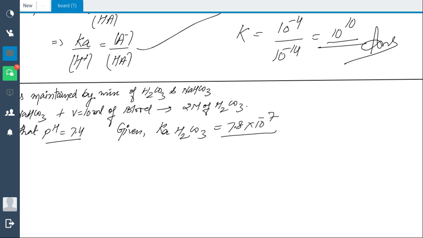No, it is given to be 7.4 beta. pH is given to be 7.4.